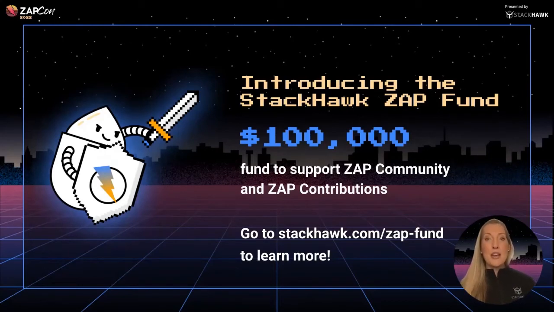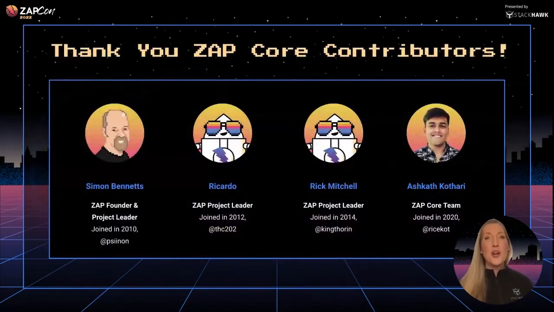As a company that benefits from the great work of Zap, we believe it's important to give back and facilitate the ability to grow a larger and more deeply engaged community around Zap. This helps ensure it maintains the status of the best AppSec open source project in the world. To learn more about the fund and bounties for contributions, visit stackhawk.com/zap-fund.